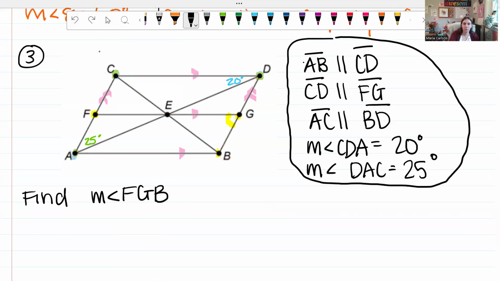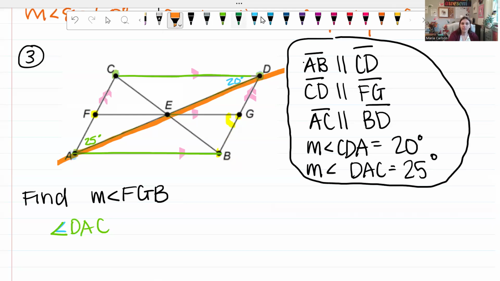The first thing I can note is that angle DAC, and that's the one I was doing in green, so maybe I'll write it in green. Angle DAC is congruent to its alternate interior angle. We're still looking at these parallel lines, right? AB and CD are parallel, and these two parallel lines have been intersected by this transversal.